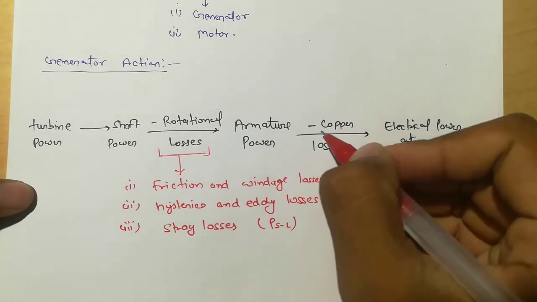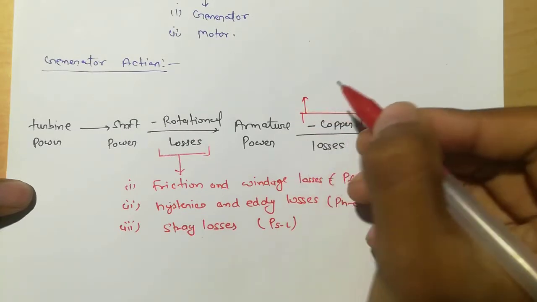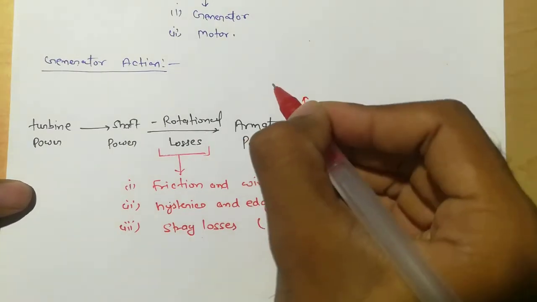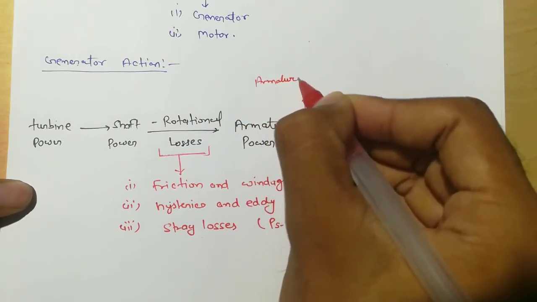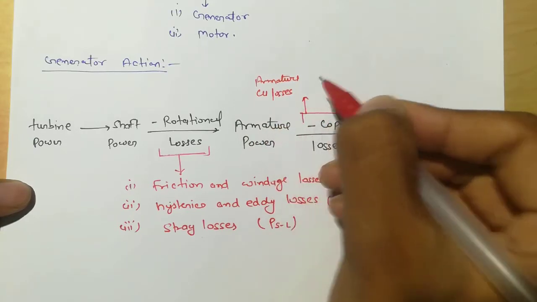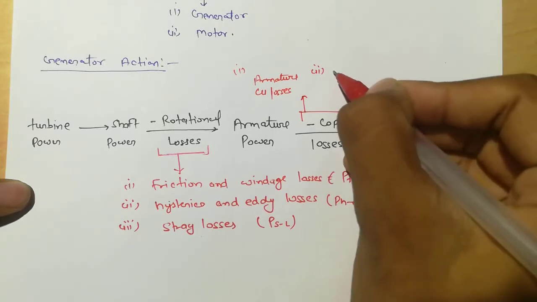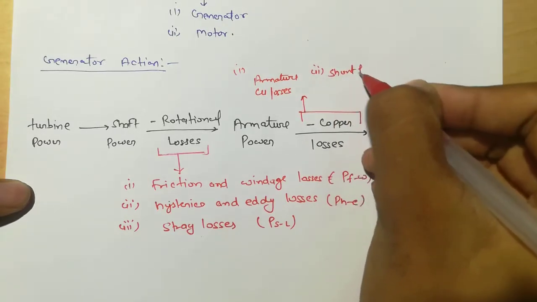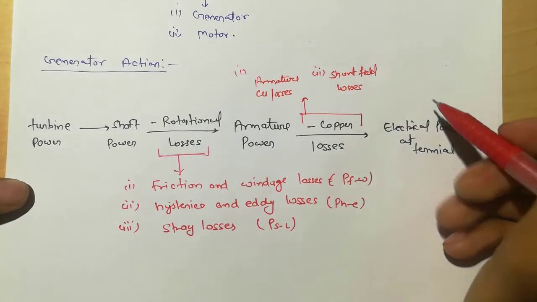Now talking about the copper losses. Here the copper losses have four types. The first is armature copper losses. The second one is shunt field loss, if we have a shunt generator.